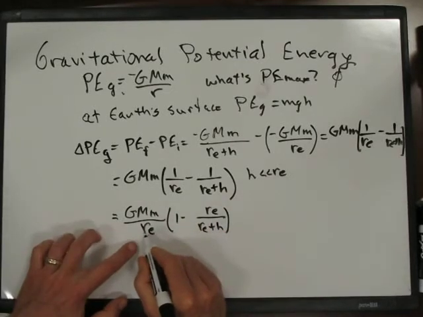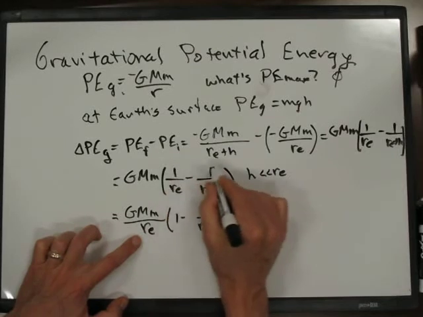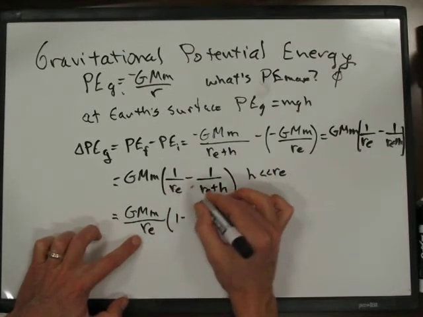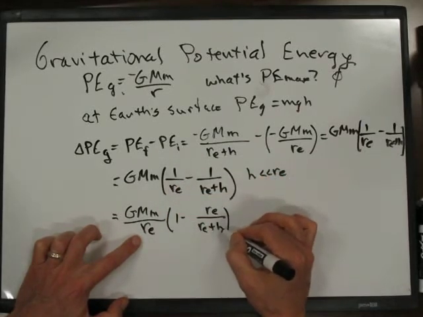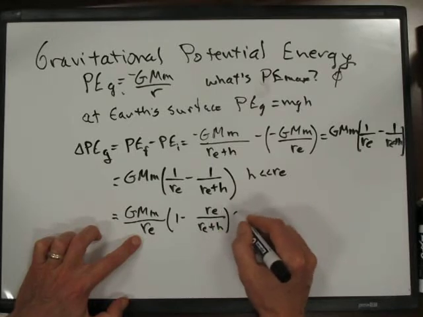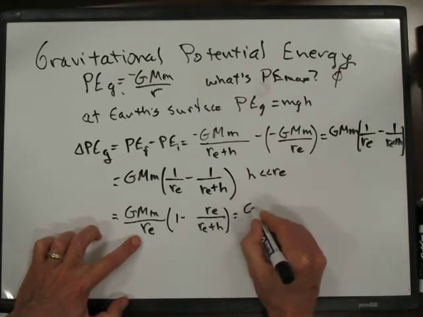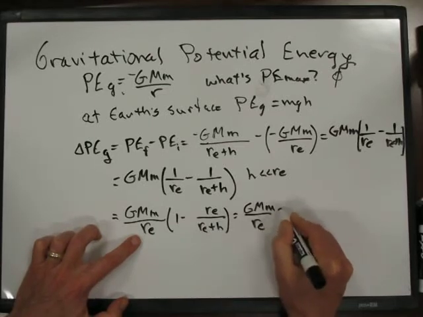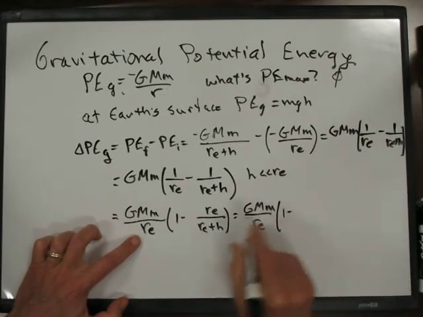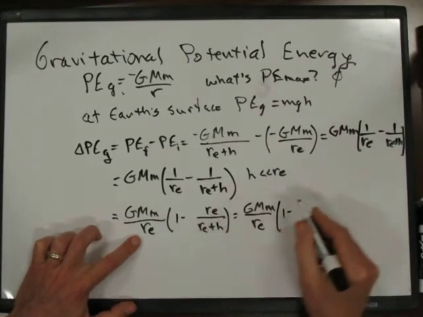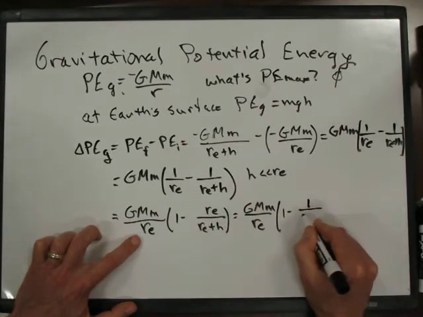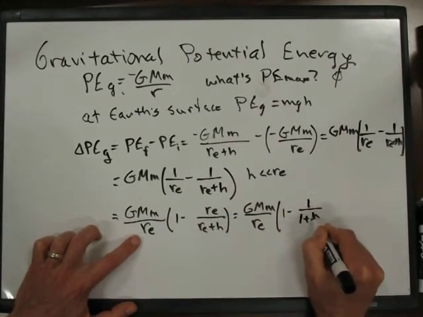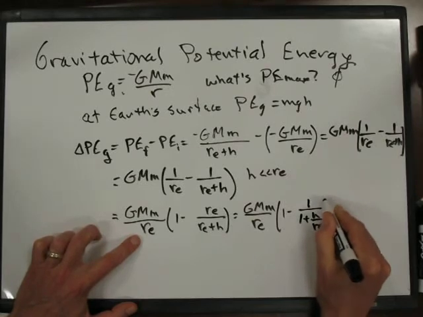I pulled a 1 over RE outside, and I multiplied inside by RE, and so this first term becomes 1, and then I get an RE in the numerator on this side. And then I can say, well, look, this is G times the mass of the Earth times the mass of the satellite over RE times 1 minus, I can divide the numerator and denominator by RE, and this becomes 1 over 1 plus h over the radius of the Earth.